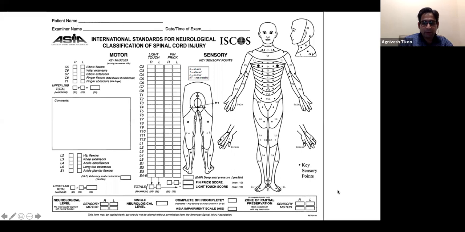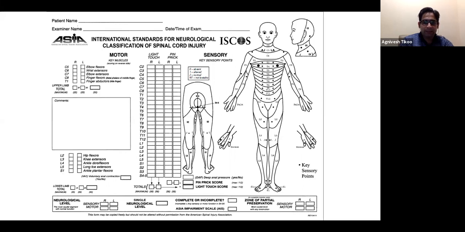And one more very important exam question related to the ASIA chart is that ASIA A is absolute transection, where there is no sensation, no movement, nothing below the level, and ASIA E is normal. You label a patient ASIA E only if he has had a cord injury.